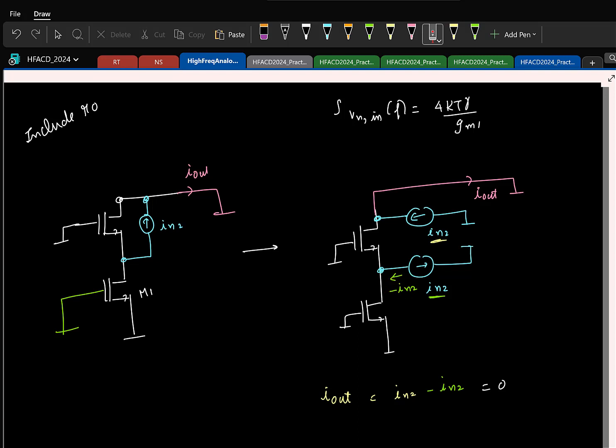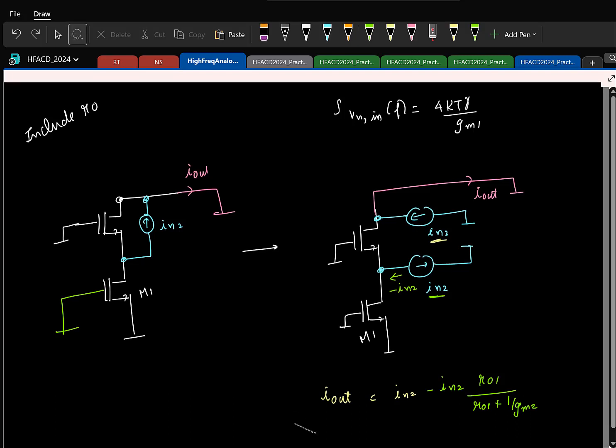So that divides between R0 of transistor M1 and what is the impedance looking up? 1 by gm2. So what fraction of the current will flow to the output? It's going to be times R01 by R01 plus 1 by gm2, right?